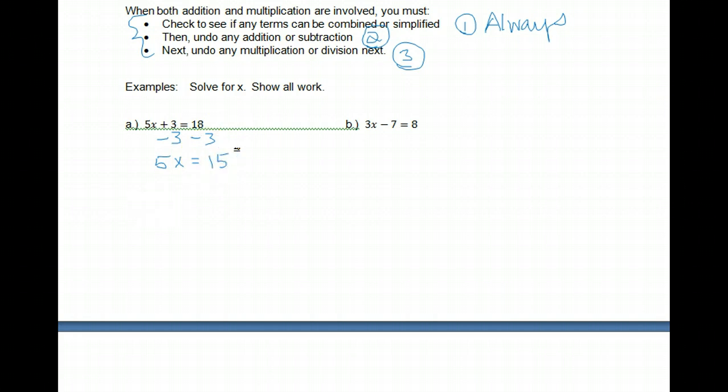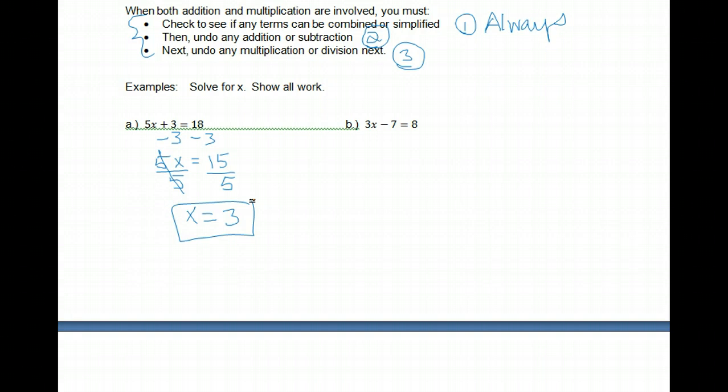Next, we will undo the multiplication between 5 and x. The opposite of multiplication is division. As soon as you say division, you're going to put your fraction bars on both sides of the equation, just like that. And we are dividing both sides by 5 so that we can isolate x. 15 divided by 5 is 3, so x equals 3.